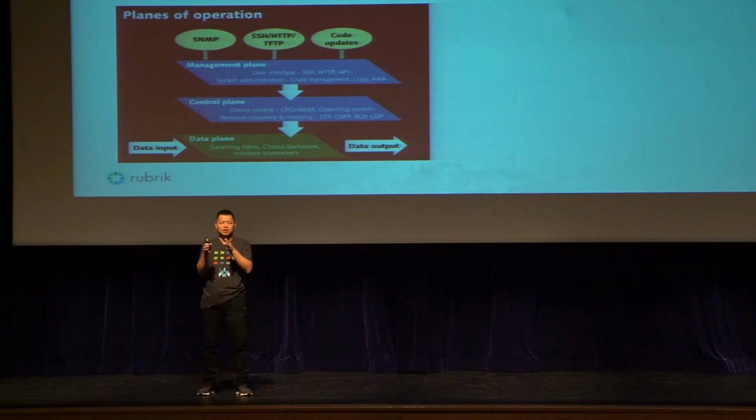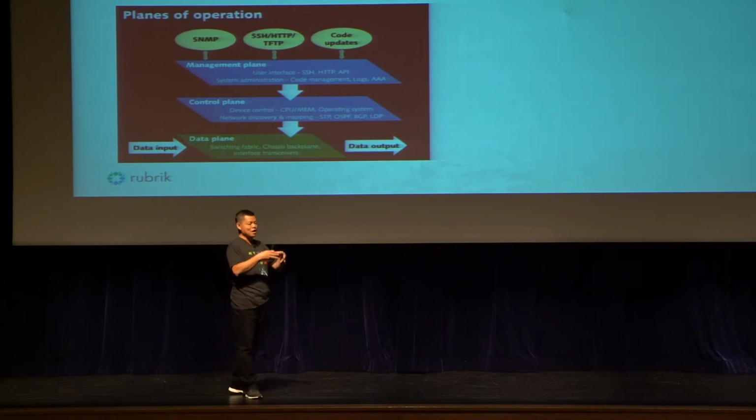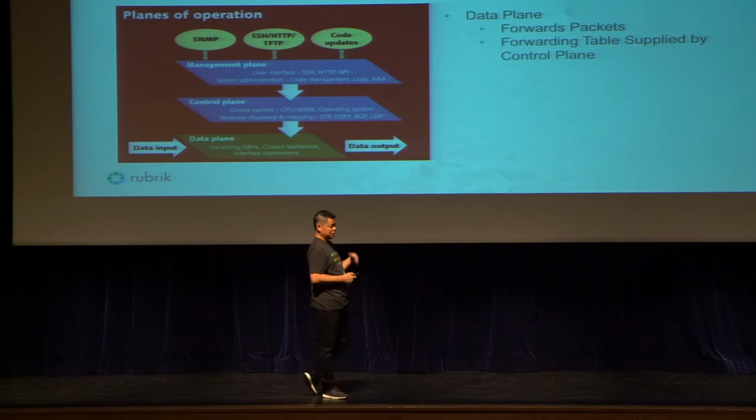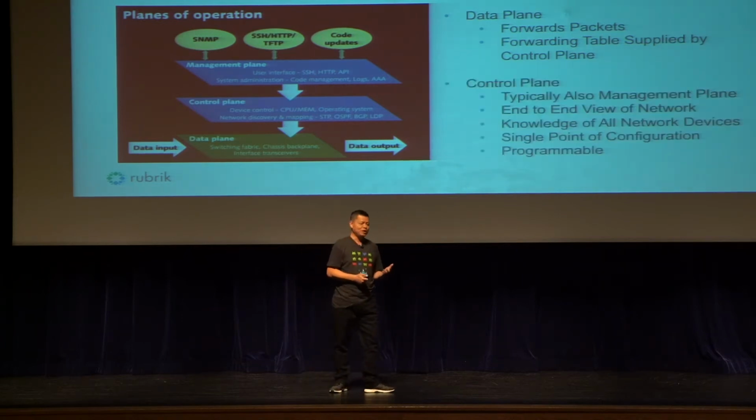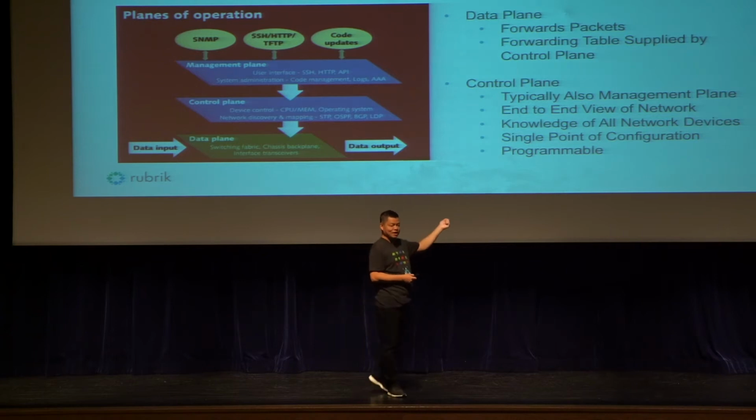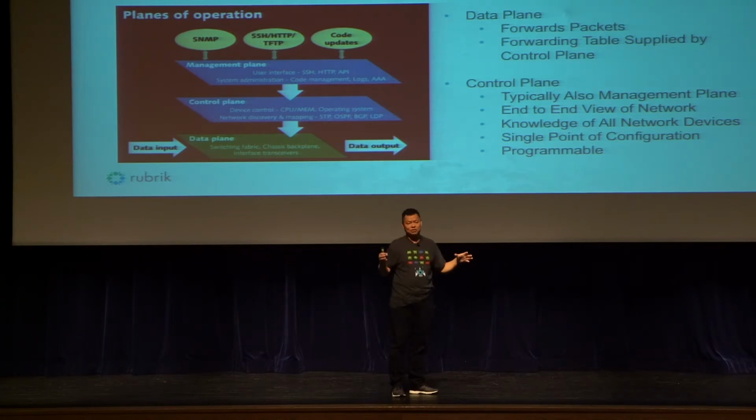Separating what actually does the processing or the flow of traffic from the management plane that actually programs it. The data plane, in this case, obviously controls forwarding packets, but the most important thing was being able to take that control plane out of a switch and put it somewhere where you can manage multiple switches.